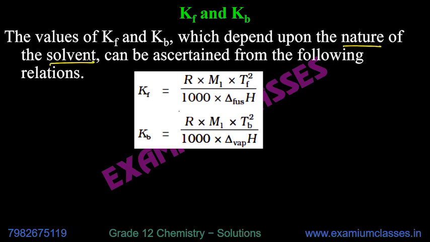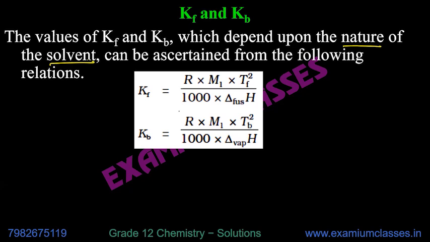All parameters have their usual meaning. R is the gas constant. M1, M2 are molar masses, so M1 is molar mass of solvent. TF, TB are the freezing point and boiling point.